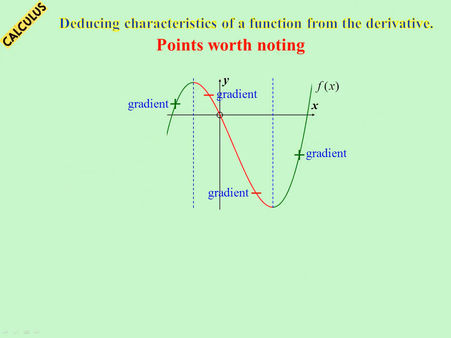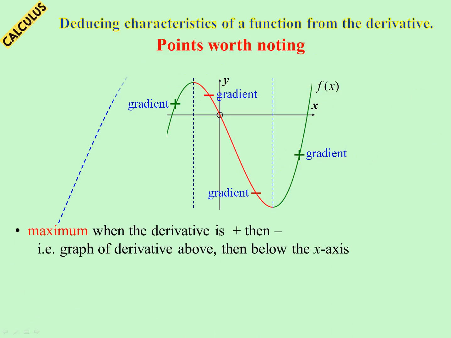So just to summarize here: positive gradient, negative gradient, positive gradient. There's the function. So we know that's a maximum because it's increasing then decreasing. We know that's a minimum because it's decreasing then increasing. Now notice my wording is slightly different from the diagram here, because I say maximum when the derivative is positive then negative. Gradient positive then negative, but remember the derivative gives you the gradient.